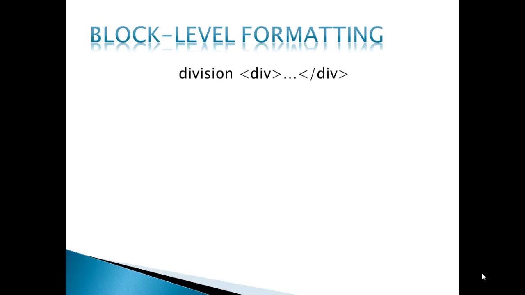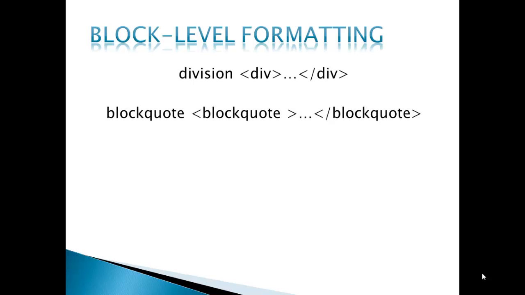Block level tags can include the division tag, also known as the div tag. The division tag uses attributes to affect changes in text. The next one is the block quote tag. Block quotes allow the amount of white space on either side of the text to be affected, so that you can create what's also known as a gutter or white space.